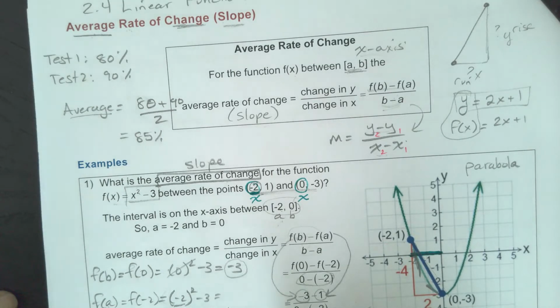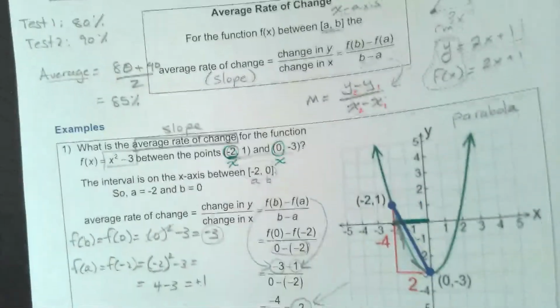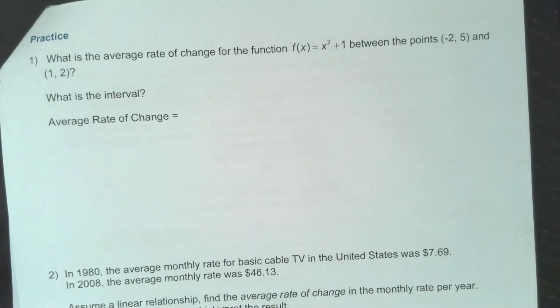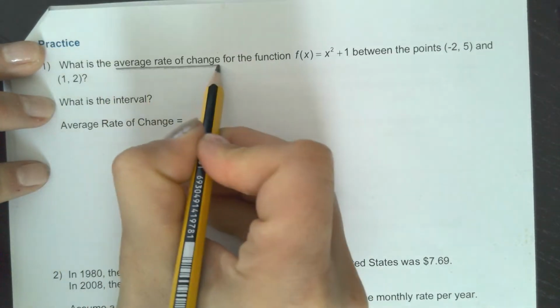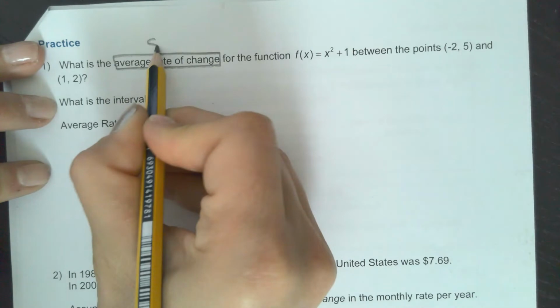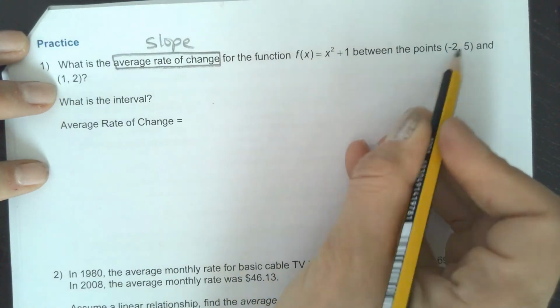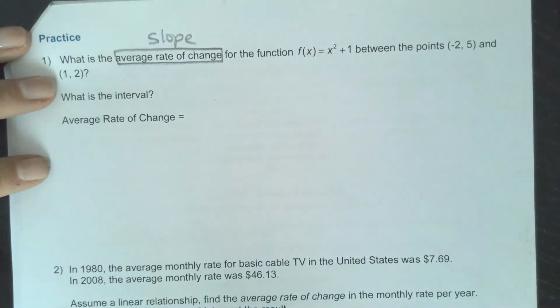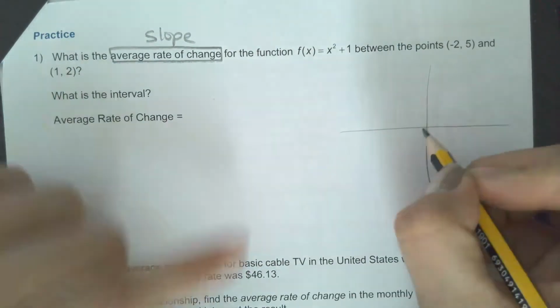Okay, so let's look at a real example. We'll do it together. So it says, what is the average rate of change, slope? What is the slope for the function between the 2 points? Okay, let me just graph it quick because I like pictures.